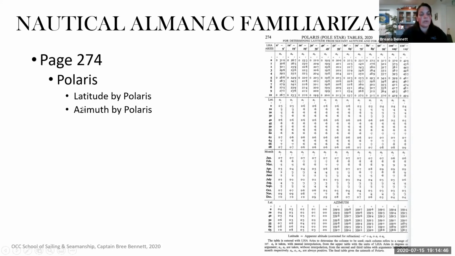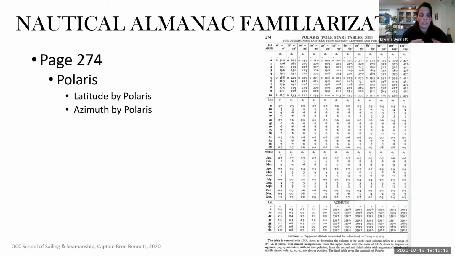Then we could also do an azimuth by Polaris. So an azimuth checks your compass error. So if you had a compass on board and you got a bearing of the sun or Polaris or the moon or whatever, you can check what it should be bearing true according to the almanac and what your compass is reading, and then you can get that compass error.